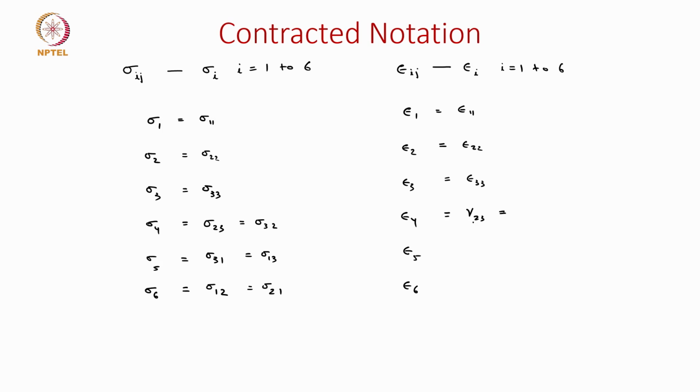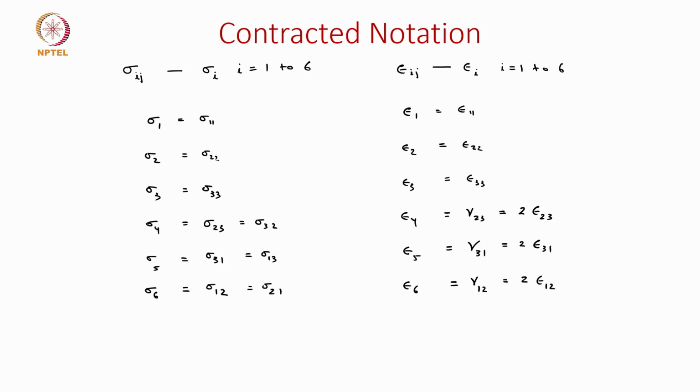We already know the engineering strain, so how is it related to the tensor strain? It is twice the tensor strain, here 2 times epsilon 23. And for the others too, we write it in terms of the engineering strains gamma 31 and gamma 12. Again, writing in terms of the tensor strains, this should be 2 times epsilon 31 and 2 times epsilon 12.